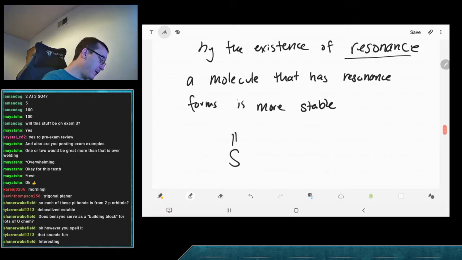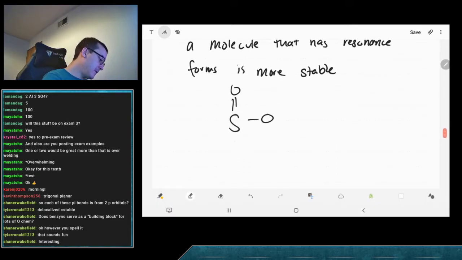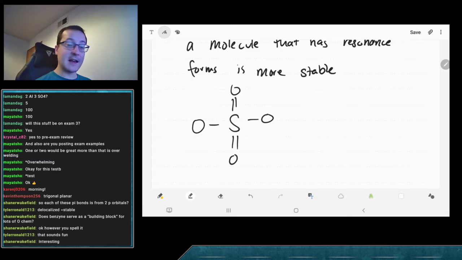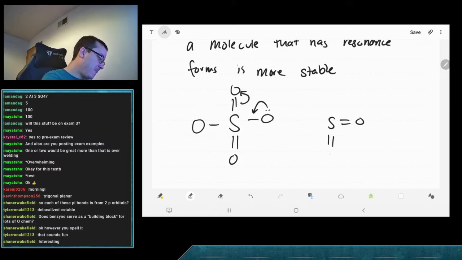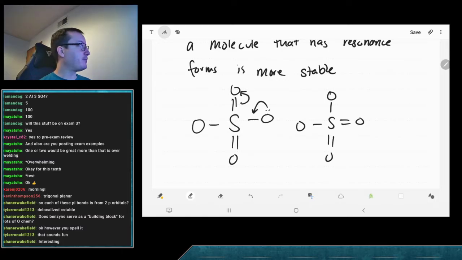So for example, sulfate as an ion is very stable. It exists as a polyatomic ion because it can resonate. We can basically go ahead and plop some electrons down there and make the double bond here instead. That's resonance, right? When we move, we're making different double bonds.